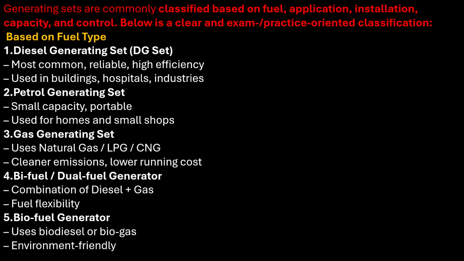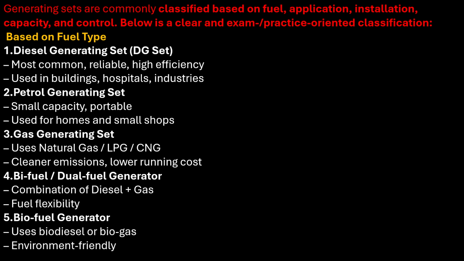Third, gas generating set. Gas-based generating sets are of many types. We'll learn a little later. They use natural gas, LPG or CNG, or a combination of these. These are cleaner emissions producing generating sets, and they have lower running cost also.